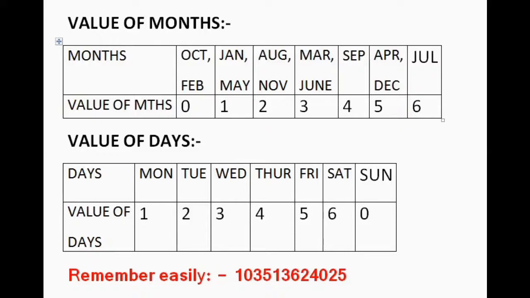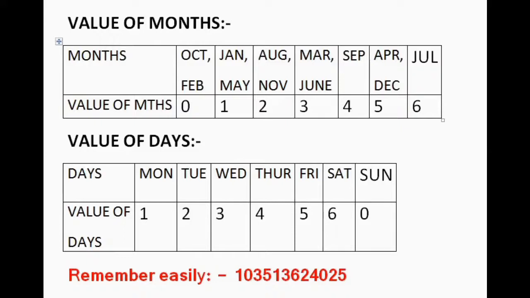Here we get a result of 36, which divided by 7 gives 1 as remainder. So the value of May is 1. And the show goes on like this. Now a question arises: January has 1 odd day and normal February has 28 days, so why does our value of month show 0 odd days for February?